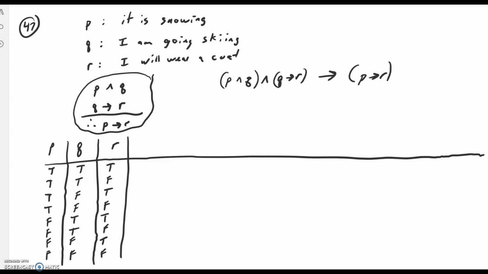So this is what we have to show the truth of, so let's get started. We need a P and a Q. And the only way an AND can be true is if both parts are true. So the rest of these are going to be false.